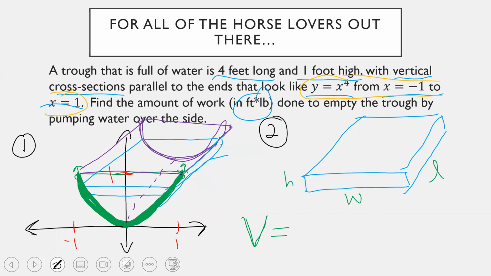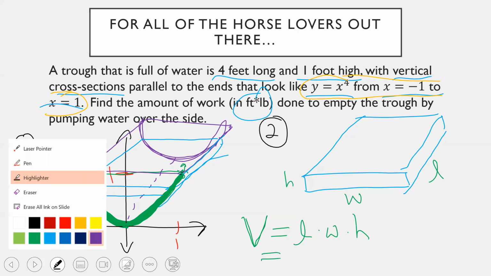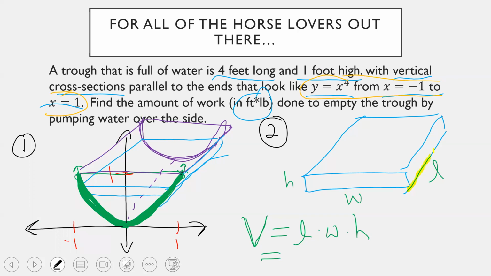And for volume of something like this, we do length times width times height. Okay. And now we need to fill these in. Well, the length, luckily we can do fairly straightforward because it'll be the length this way, which on the trough would be along this way, which notice that that's just whatever the length of the trough is.